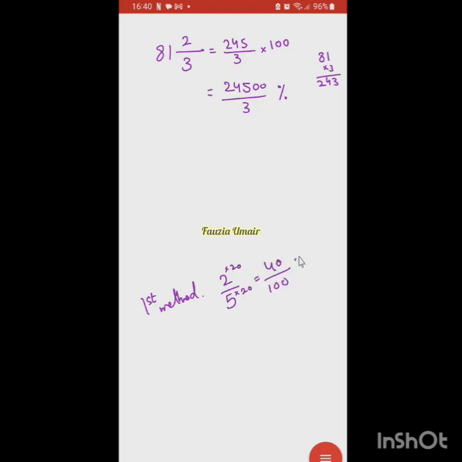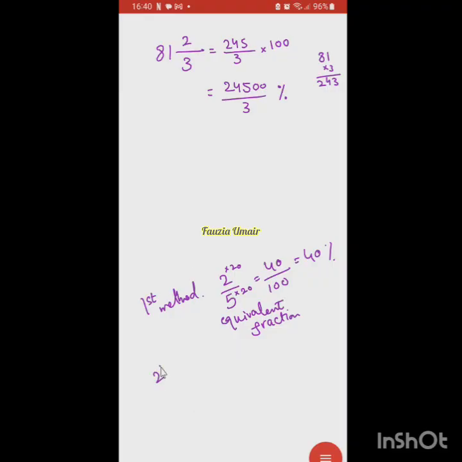So I will say this is 40%. This is when you multiply the numerator as well as the denominator with the same number. This is called an equivalent fraction, which you have learned in the previous classes. If I can multiply the denominator with some number to change it into 100, that is this method.